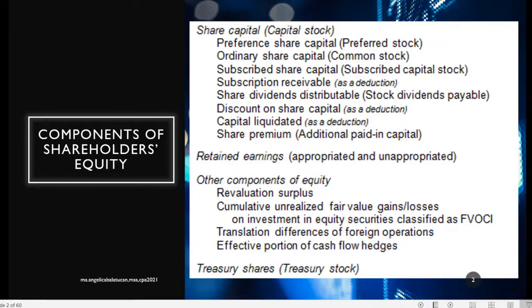And then you have the cumulative unrealized fair value gains or losses through OCI. And we have translation differences of foreign operations, for the translation of financial statements from foreign currencies to local currency. And then we have the effective portion of the cash flow hedges. And of course, we have the treasury shares, which is a deduction from the total shareholders' equity.